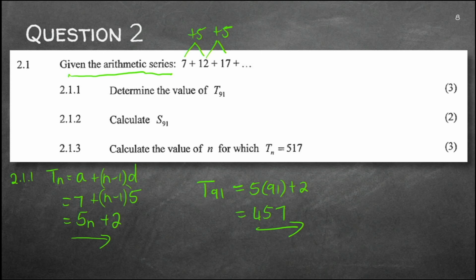Done. So remember, a is 7 and d is 5, because now they're asking for the sum of the first 91 terms. So once again, we have two options here because we do have the last term. I'm going to prefer to work with the equation that states that Sn is equal to n over 2 times (a plus l), meaning a the first term, l the last term.